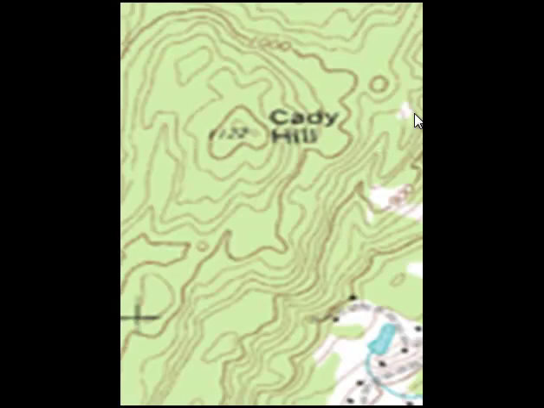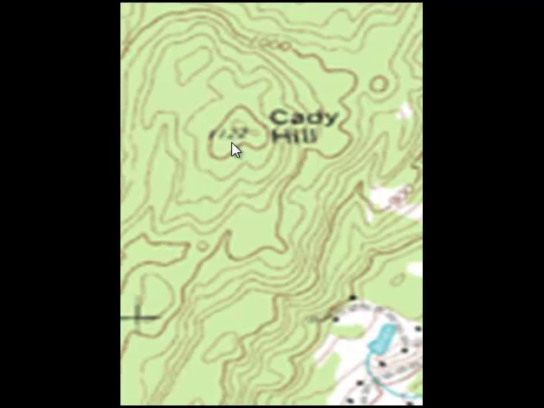Therefore, we can identify the relationship between a three-dimensional image and a two-dimensional image. And the two-dimensional image is how it is displayed on a topographic map. This is how a topographic map displays contour lines. Contour lines are always brown, and the brown contour lines are representing land elevation.